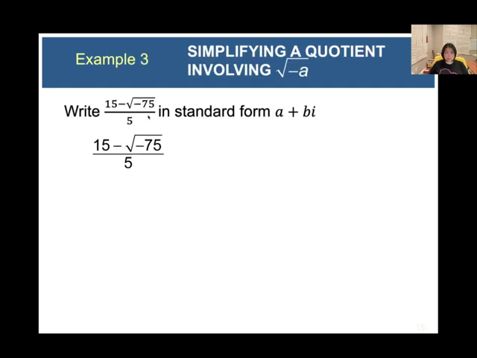Okay, this one. Write this in the standard form. Write the complex number in standard form a plus bi. So first, we're going to take care of square root of -75. So that will become i square root of 75. Can you guys simplify this guy? Square root of 75, you can do 25 times 3, right?